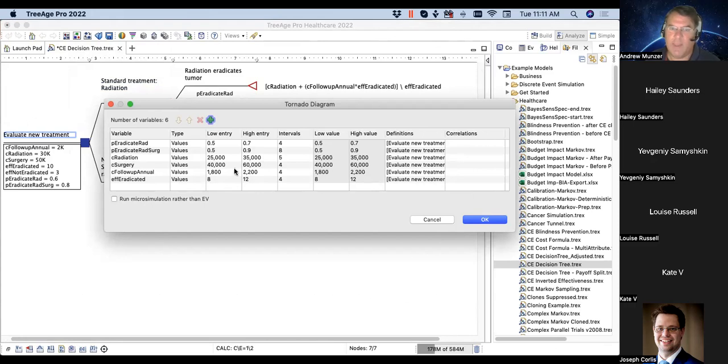And they are whatever they are, but they would have been set by you for how much uncertainty you see in these parameters. And each of these will be evaluated separately, just like we did with the one-way sensitivity analysis right here. We did this one, the one-way, but now we're looking at the consolidated results from the independent study of each of these 6 parameters.